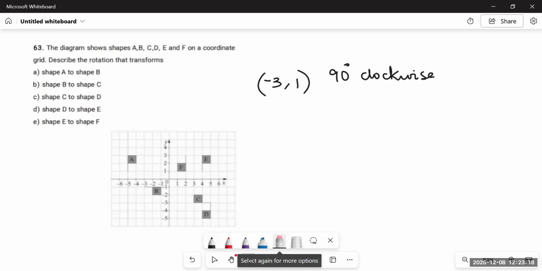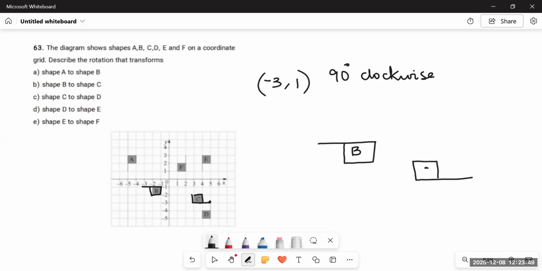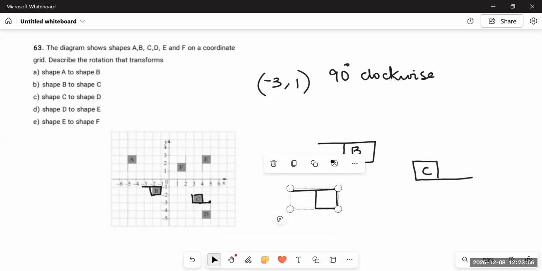After that, shape B to shape C. This is shape B and this is shape C. If we count the number of squares here, this was shape B. This is shape C. So if you rotate this shape, this is 90 degrees clockwise. This is 180 degrees, right?